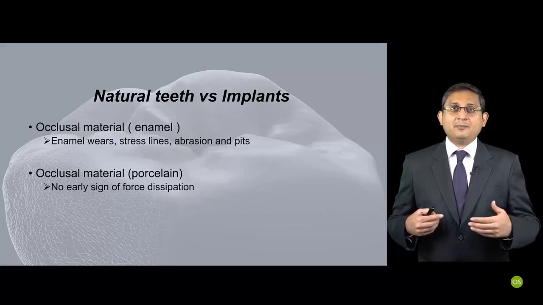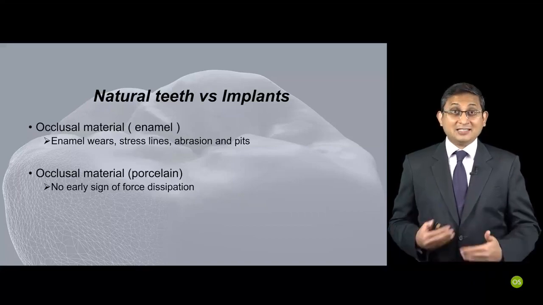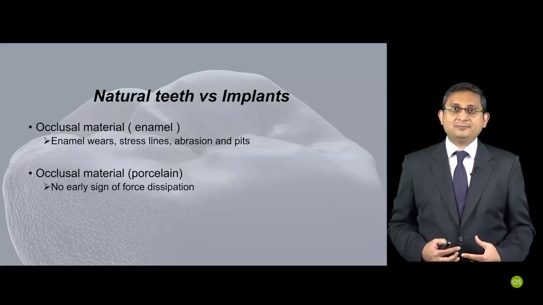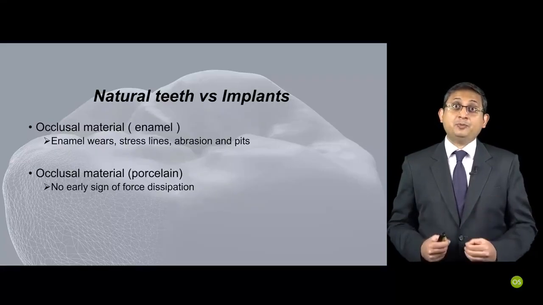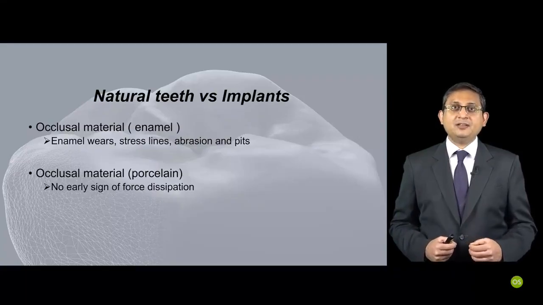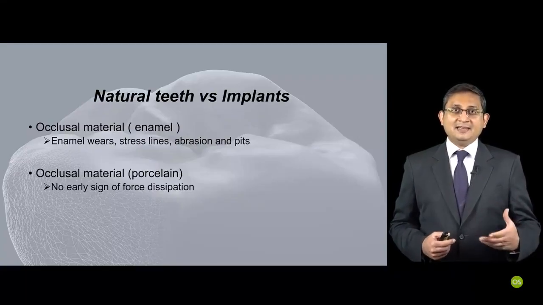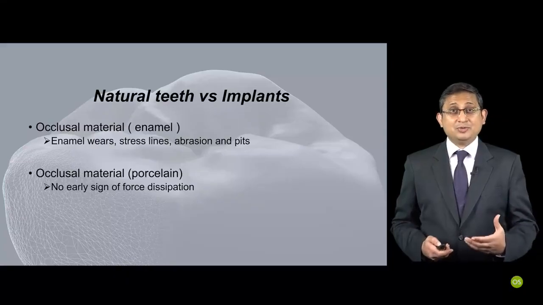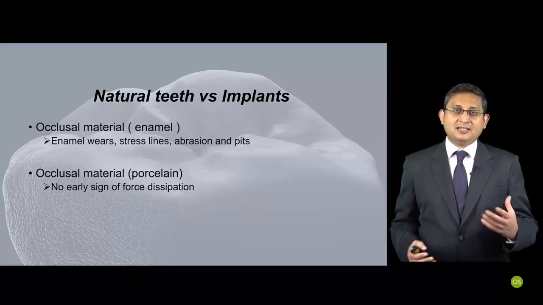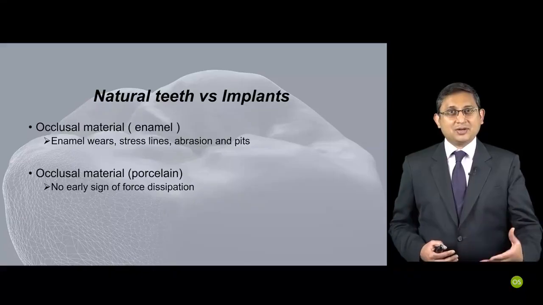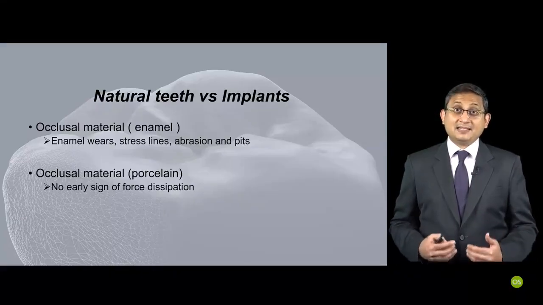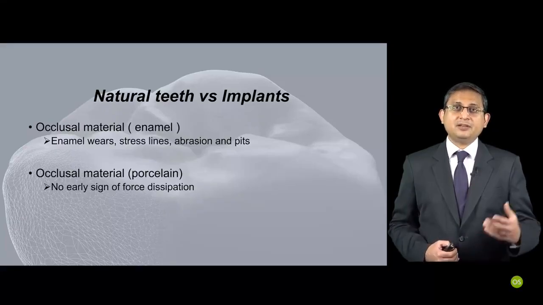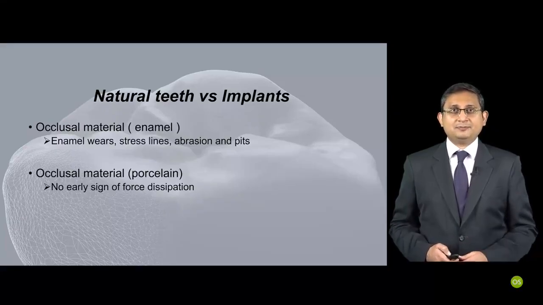Having said that, I am more and more now experimenting with composite material because it has been shown to be much better at absorbing the forces. Mainly, whatever we use at the moment is porcelain for single crowns and bridges. Yes, we use acrylics many times for full arch cases, and that is better at absorbing forces, whereas porcelain is much worse. It breaks and it cracks.